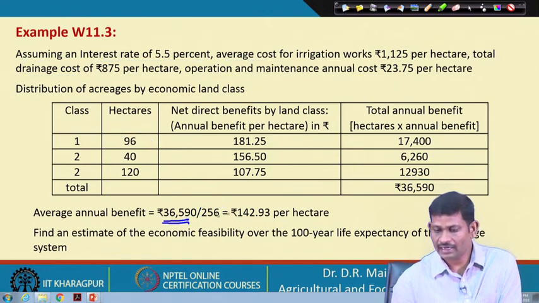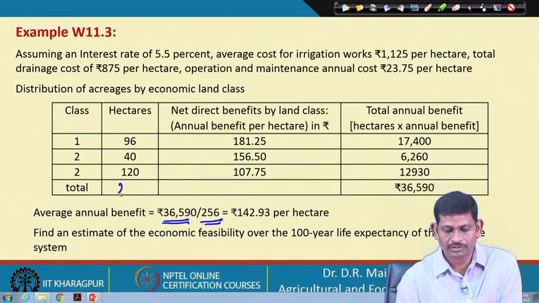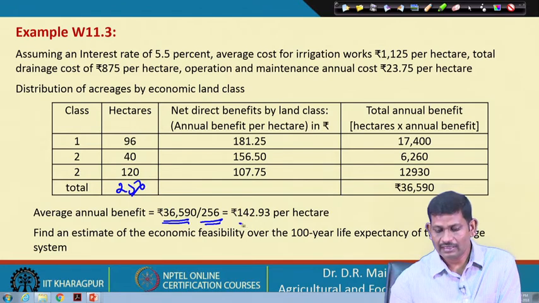So, this is the total annual benefit, 36,590, and this is the total area, 256, giving 142.93 per hectare.